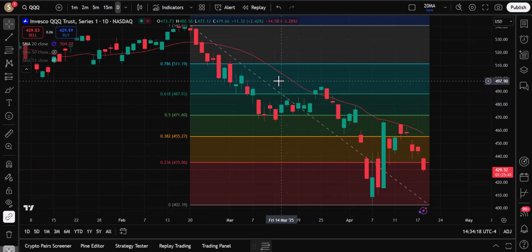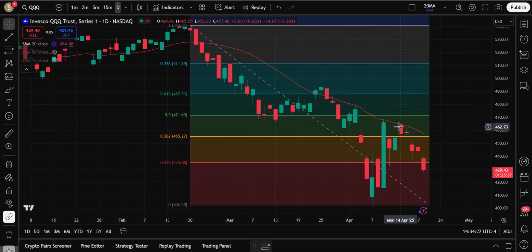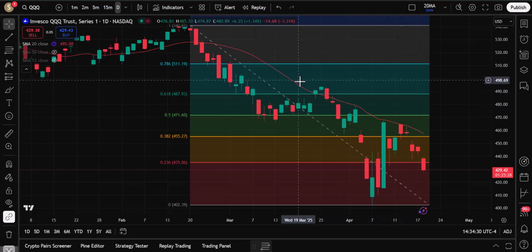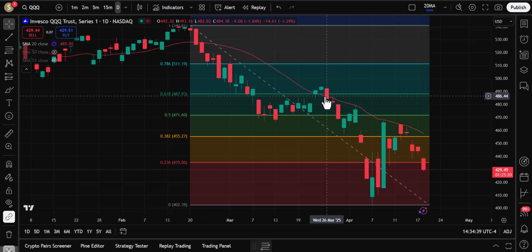The other line I want to draw your attention to on the chart is the 20. I use the simple moving average. If you want to use the exponential, fine. But I use the simple moving average on my charts, and this is the 20. And while we're looking at that, just really quick, you can see each time we recovered to the 20 while we're in this downtrend, we touched it.